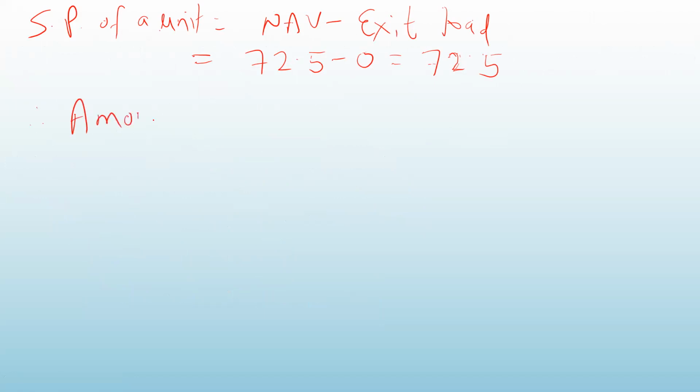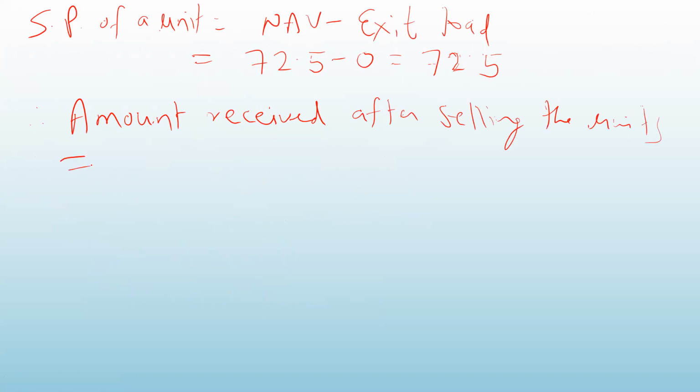What is the amount received after selling? Amount received after selling the units. How will you find out that, how much amount did you get after selling? It is selling price of 1 unit multiplied by number of units sold.